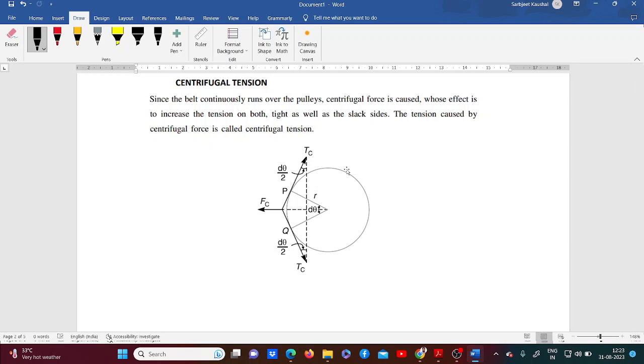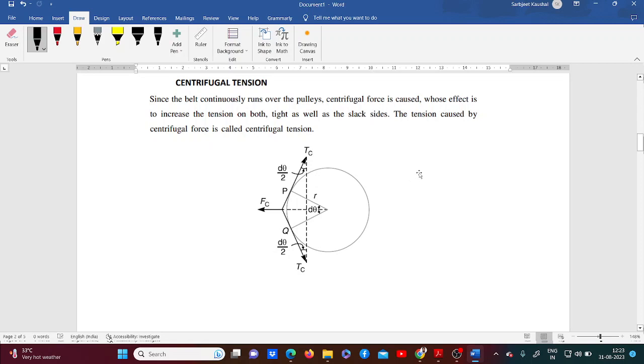The pulley is also moving in a circular direction, so it also experiences a centrifugal force. Due to this centrifugal force, there is a production of centrifugal tension. So the overall tension of the belt drive will increase due to this centrifugal tension.